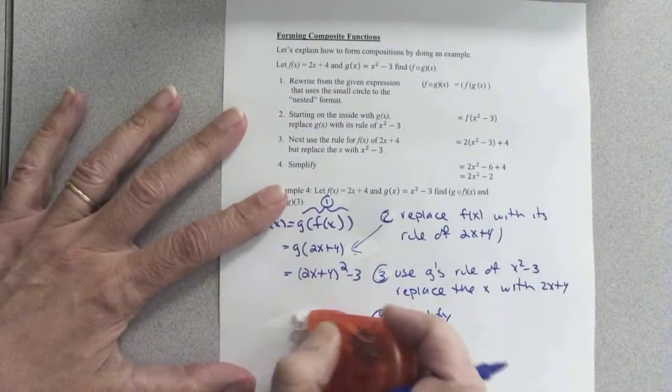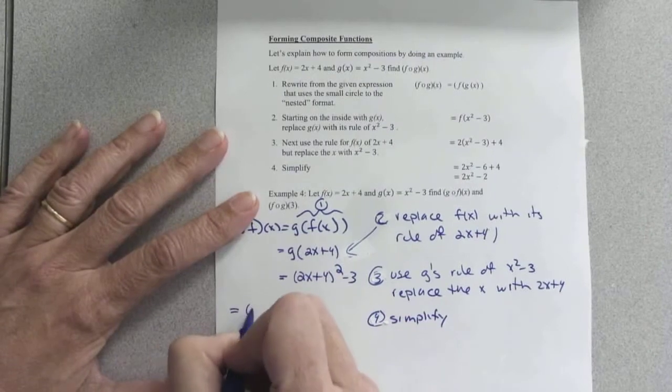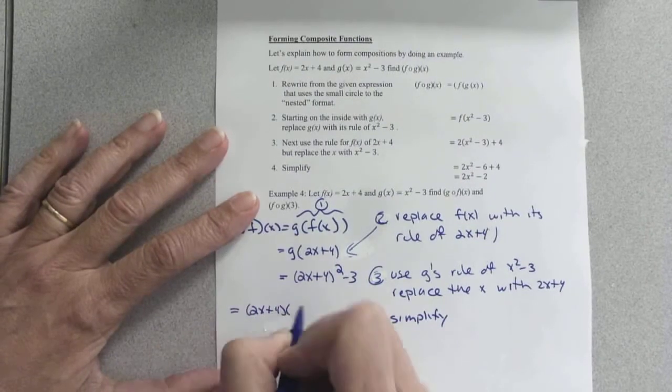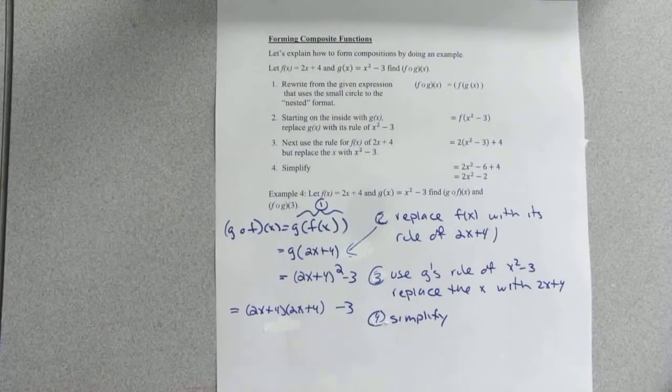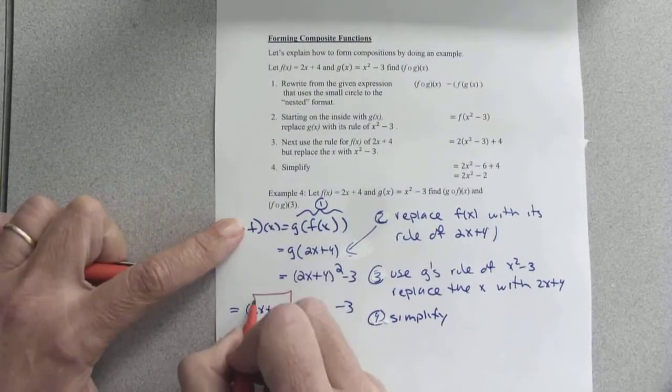Simplifying this, I'm going to get ready to FOIL. So that's 2x plus 4 times 2x plus 4, minus 3. FOIL.